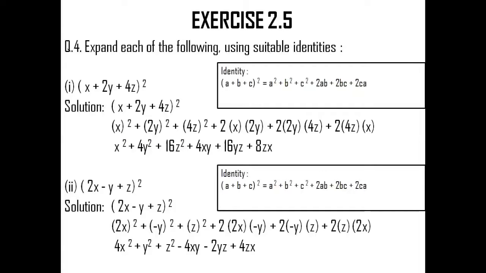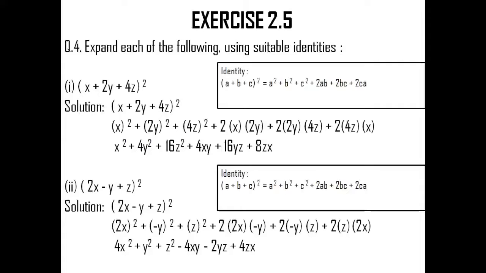Plus 2ab. That is, a is replaced by x and b is replaced by 2y. Similarly, plus 2bc. Again, b and c are replaced by 2y and 4z respectively. Likewise, for 2ca, wherein c and a are also replaced.